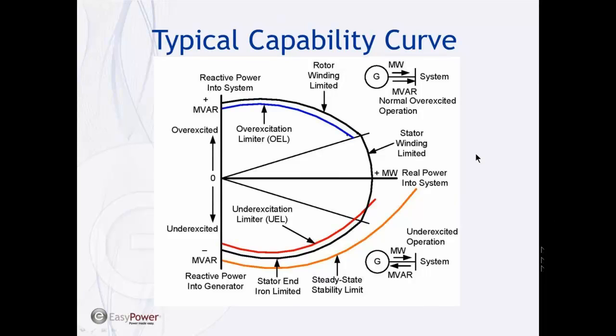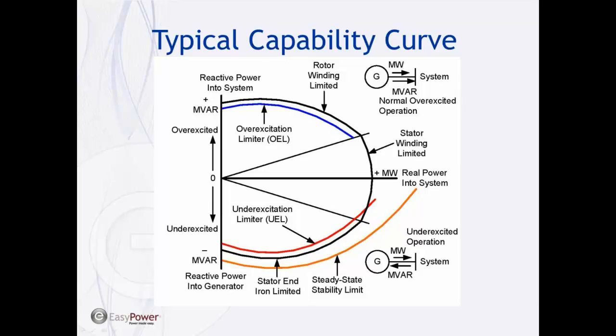But looking at the situation, this basically defines the region that the unit can operate at. So up in this quadrant, this is real power into the system and reactive power into the system. So I've got VARs and megawatts going into the system.